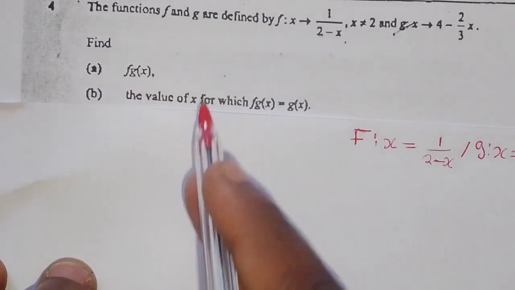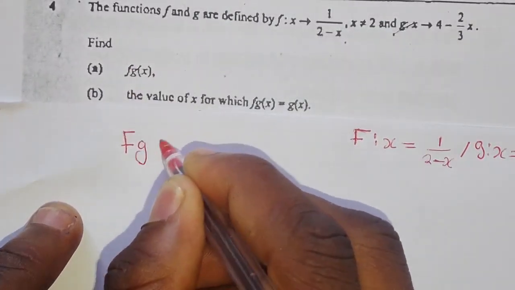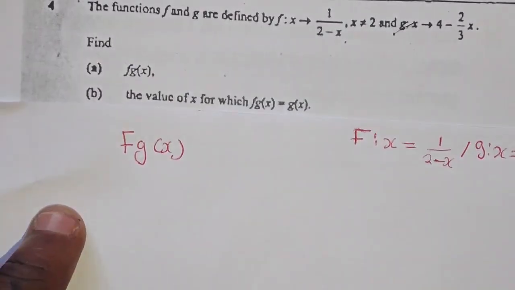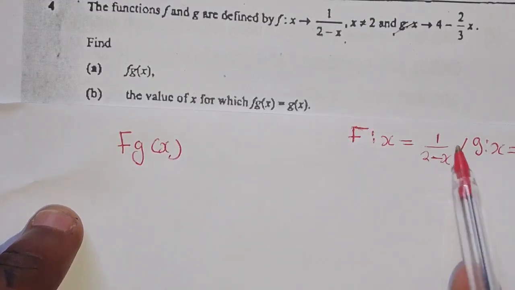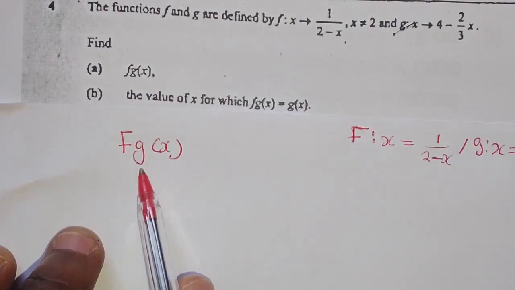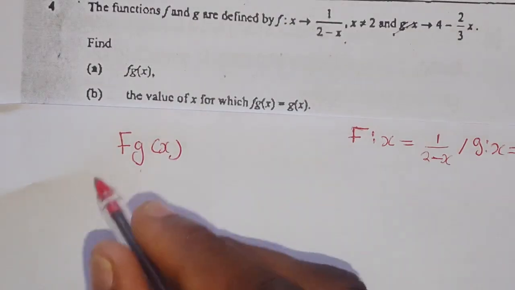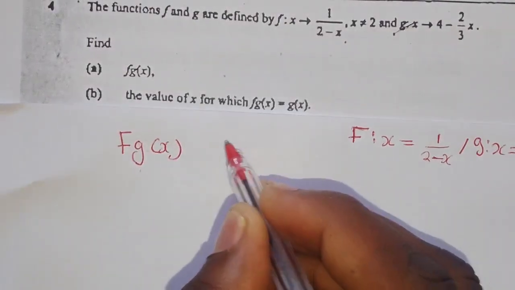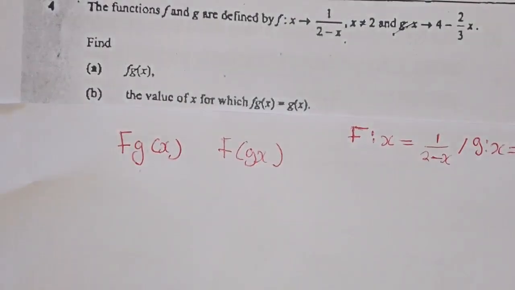So fg of x simply means that in the function f of x, where there is x, we replace it with the function g. Writing fg of x is the same as writing fg x, it's the same.